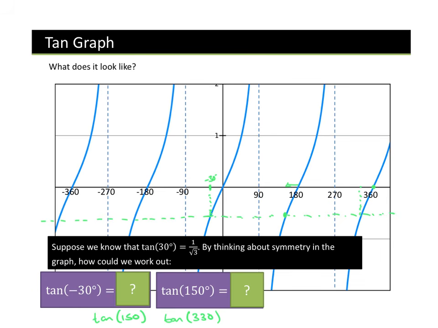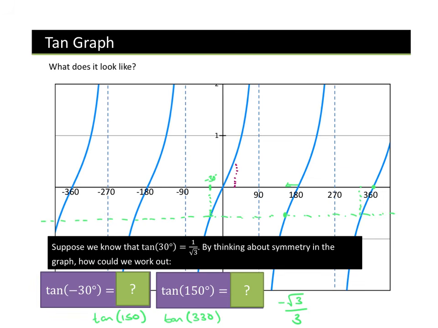Okay? What is tan of 150? Tan of 150, using our symmetry, should also be minus root 3 over 3. Okay? Again, this works for, if we were to think, what is positive 30?